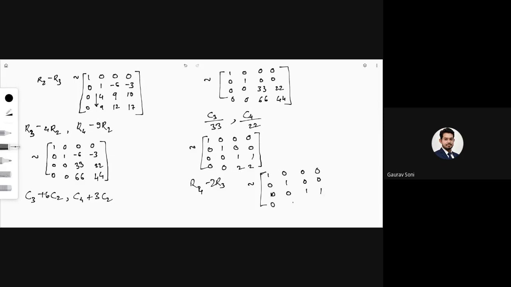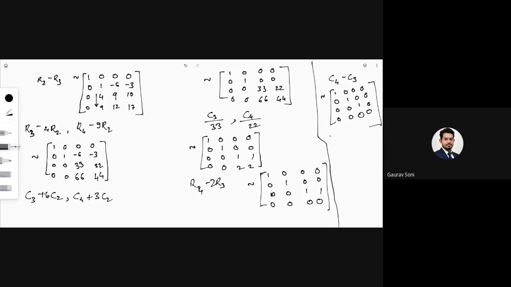And the last row will become completely 0. Then I will do the operation C4 minus C3. So with that, I'll get a matrix in this form. It will be 1, 0, 0, 0, 0, 1, 0, 0, 0, 0, 1, 0. The last row will be 0, 0, 0, 0.